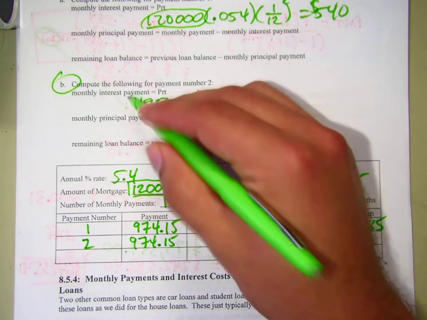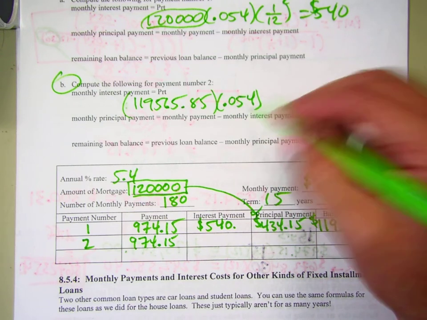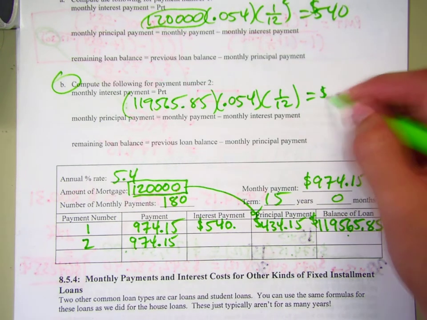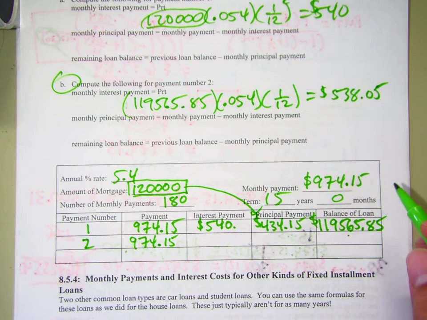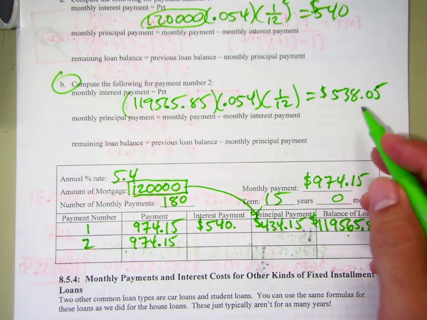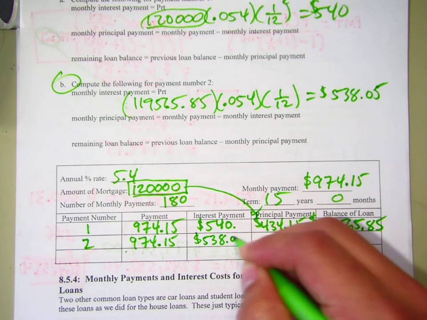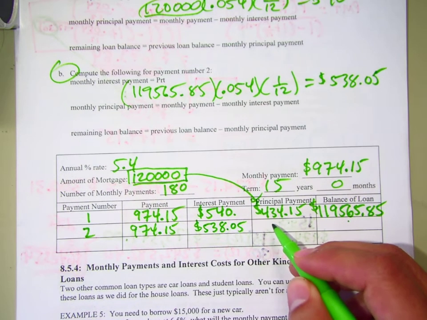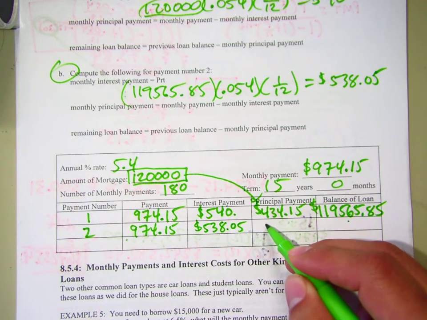That gets multiplied the same way by the annual percentage rate times 1 month, so that's 1 over 12. And what is that going to be? Yeah, we'll round up. So 538.05. So now the interest goes down ever so slightly, which means that you're going to pay ever so slightly more towards the actual balance of the loan. What's left over that can be applied to the balance?